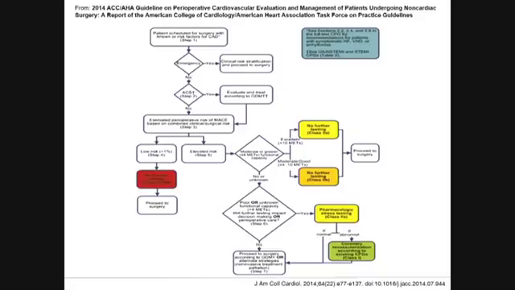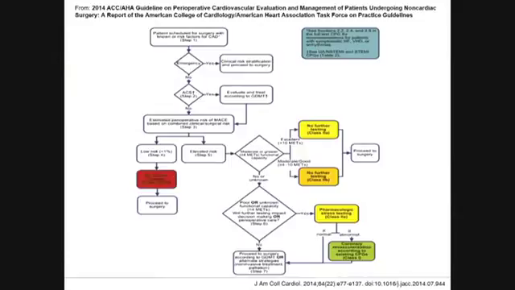One thing I do want to point out is if you look at the algorithm, there are colors of the boxes. That reflects the level of evidence that the American Heart Association has come up with. You see the yellow, which is class 2 evidence, and you see the red, which is class 3 evidence. Essentially, it's not class 1 evidence.